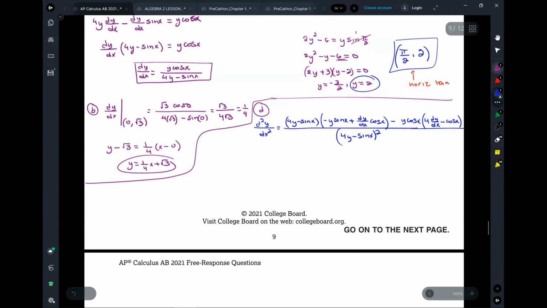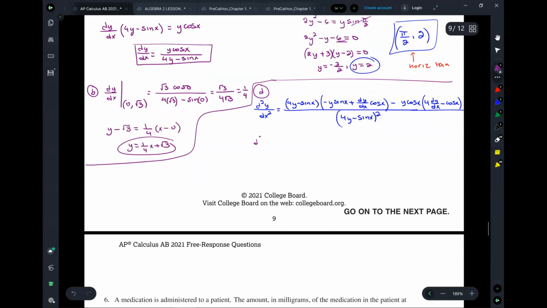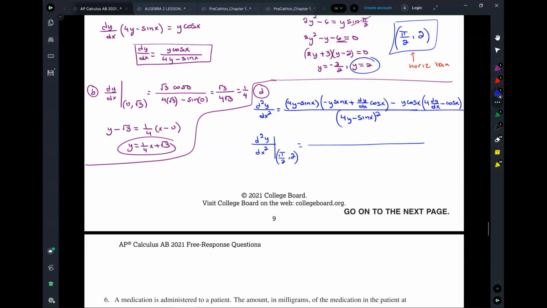Now, I need to evaluate this at what? The point that I just found. Pi over 2 and 2. So don't simplify, just plug it in here. So 4 times y is 8 minus sine of pi over 2 is 0.